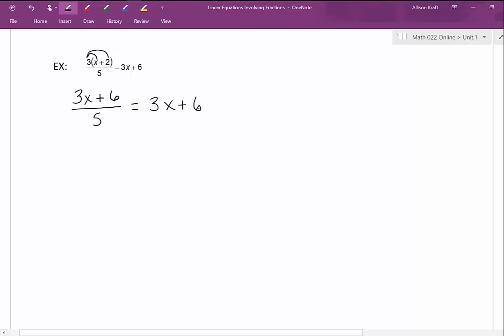At this point, we want to eliminate the fractions in the equation. I recommend doing some manipulation to the left side.